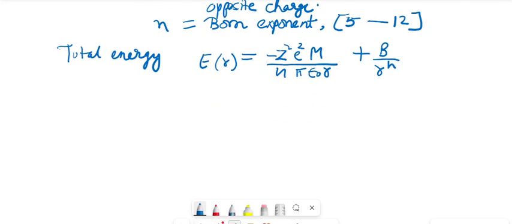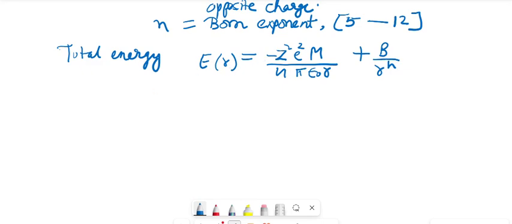Now, minimizing the energy with respect to R yields the equilibrium separation R naught in terms of the unknown constant B. Means if we have to find out the distance of closest approach, or the equilibrium separation R naught, we have to minimize the energy, because at the distance of closest approach, the energy is minimized.